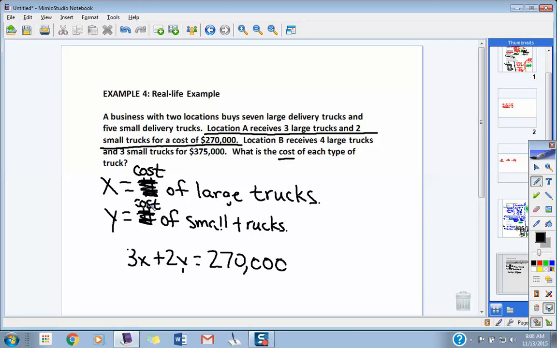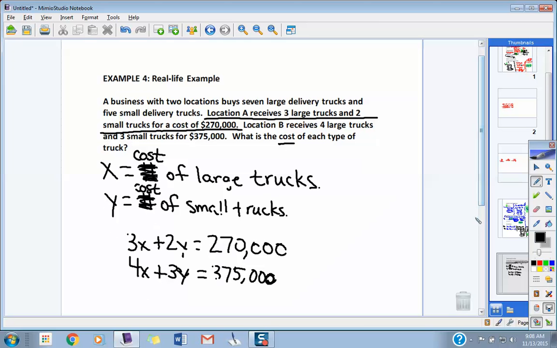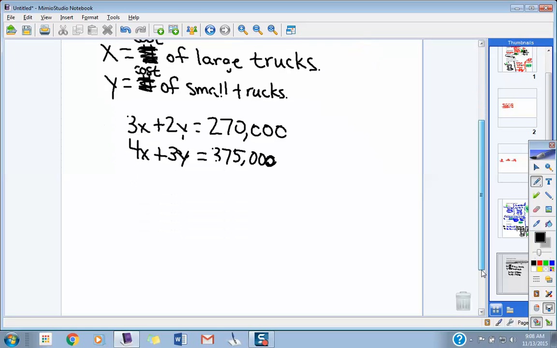What's the second equation going to look like? 4x plus 3y equals, what was the value? 375,000? You guys agree with the system?